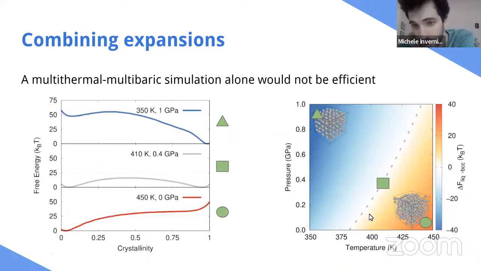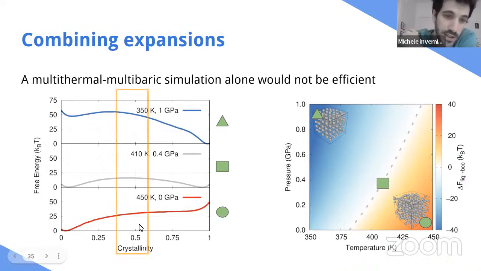This is very important because if we just look at one of these points in the phase diagram and we plot the free energy along this collective variable, we can see that, for instance, at high temperature, you will likely see the liquid configuration. At low temperature, you will likely see the solid configuration, but there is no combination of pressure and temperature where you are likely to see a mixed phase.